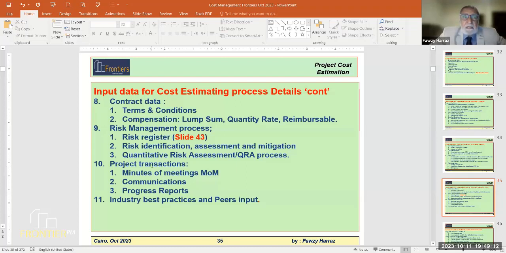These things are used to develop what the estimator calls cost trends. If it seems that the owner wants to do this change, the contract administrator and cost estimator will get together and evaluate it and add a new cost item based on this. This is what we call a cost trend.